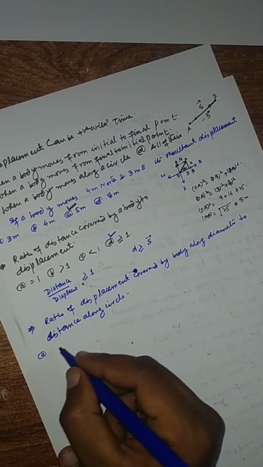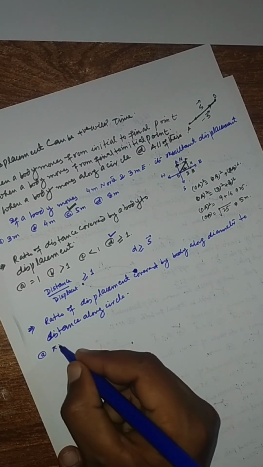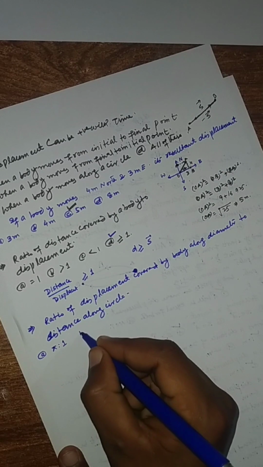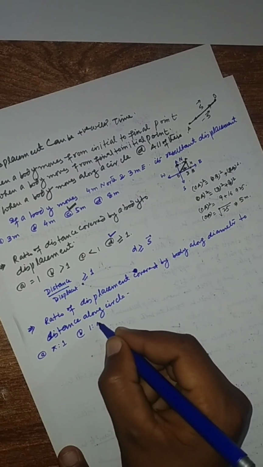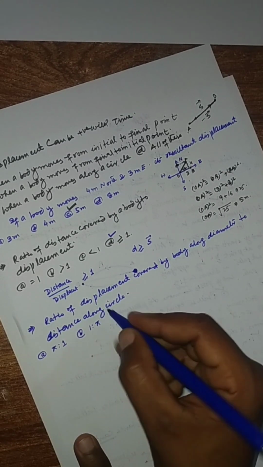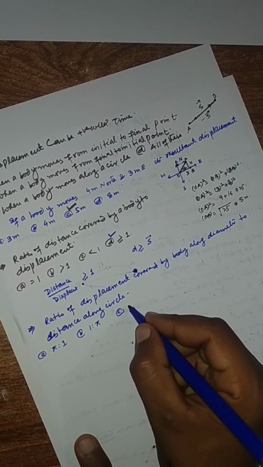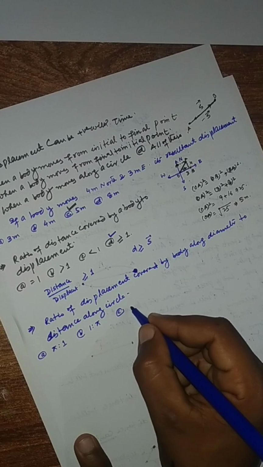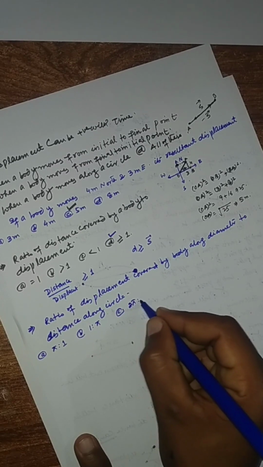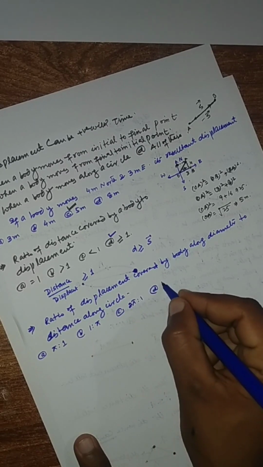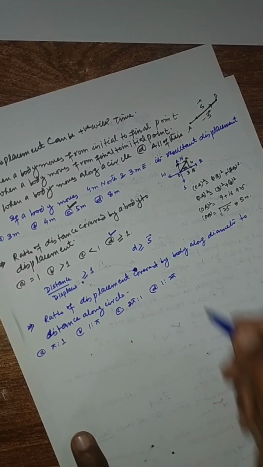Let's say the options are pi ratio 1, or 1 ratio pi, or 2 pi ratio 1, or 1 ratio 2 pi.